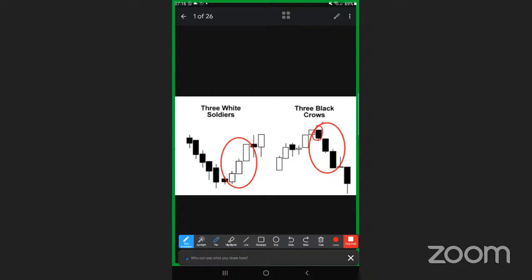We have this candle and this candle. Can you see the shadows there? The shadows developing on these candles are very small. That tells you that buying activity is so little.